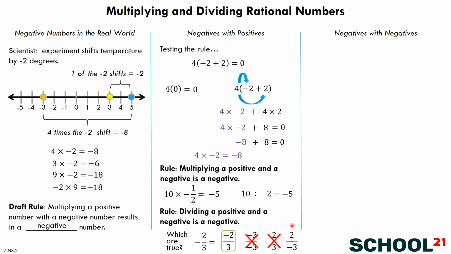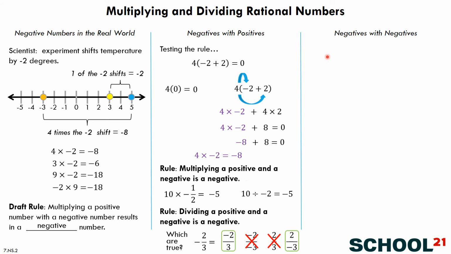Now how about this one over here? It's a positive and a negative. So would that be negative or positive? That would be negative. Right, that's what our rules say here. So would it equal the negative 2/3? Yep, so we'll circle that one. So the basic rule you want to memorize is when you're multiplying or dividing, a positive and a negative is going to be a negative.